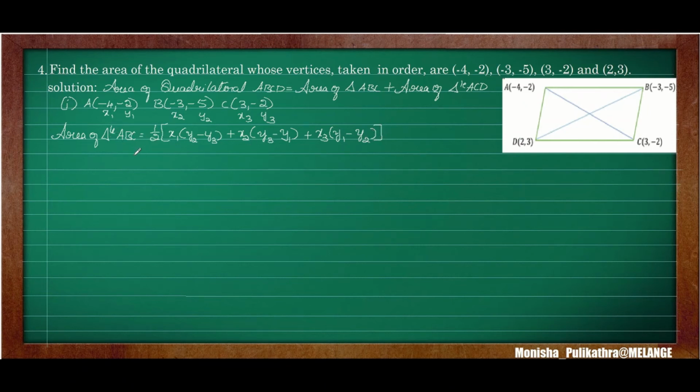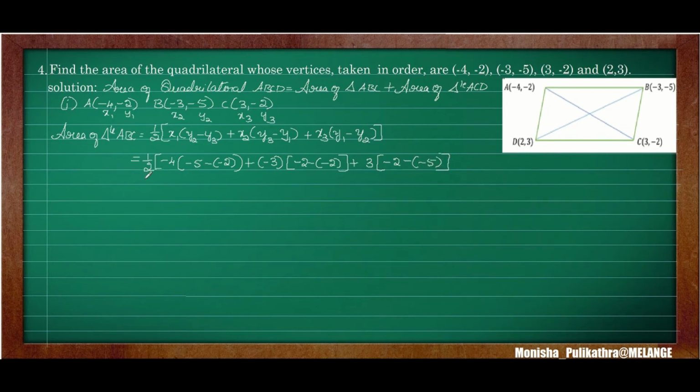So next we need to substitute the values for that. Half into x1. x1 is -4 into y2 is -5 minus y3 is -2. So we need to put a bracket here. Plus x2 is -3 into y3 is -2 minus of y1 is -2, plus x3 is 3 into y1 is -2 minus of y2 is -5.